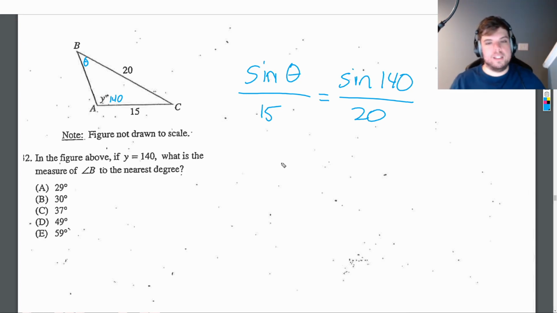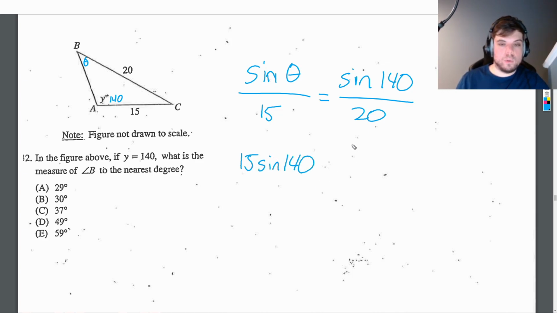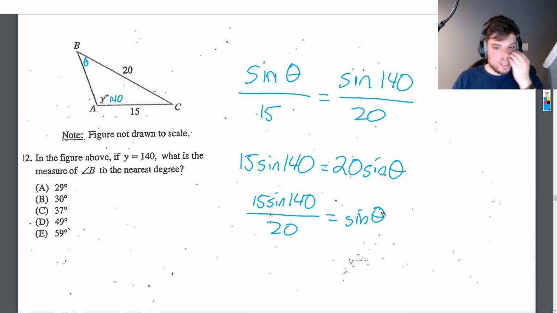I'm not sure. Just through cross multiplication, we'll write out all the steps. 20 sine theta. So 15 sine 140 over 20 equals sine theta.